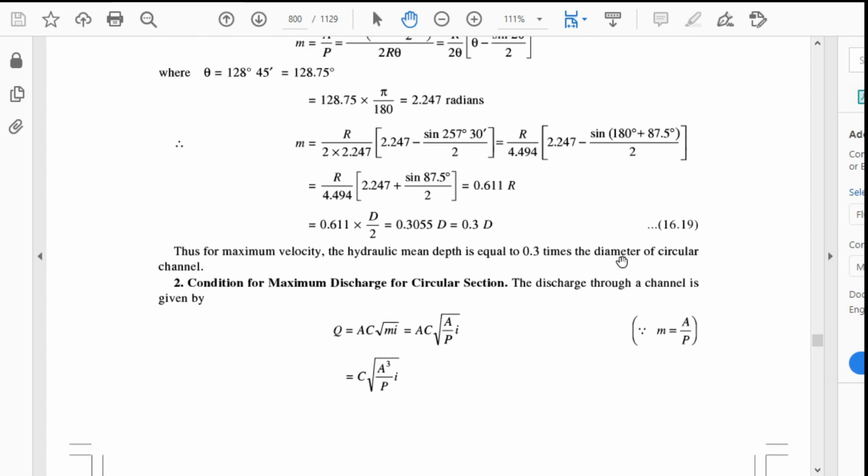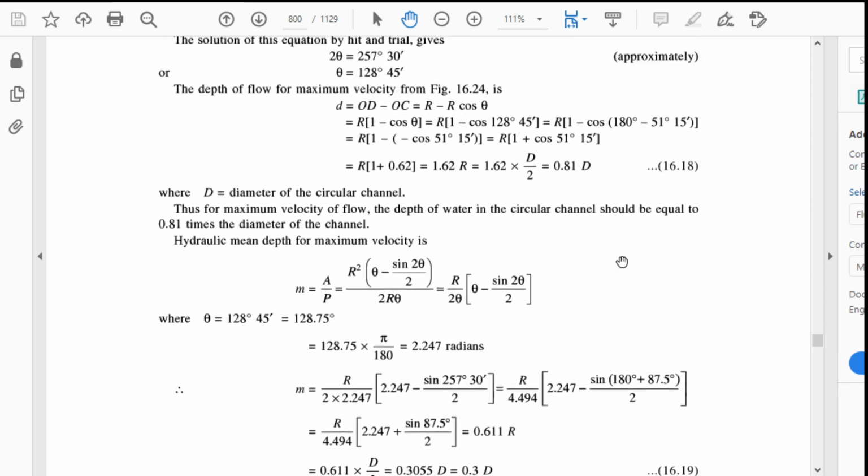You can see here that OD minus OC, where O to D will be your radius, and OC, as I have already explained, is the cos component of theta, that is r cos theta. So the theta value we have already calculated, so substitute it in the place of theta.